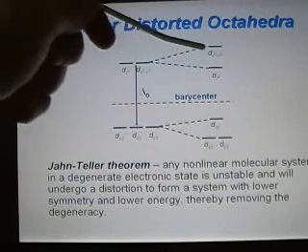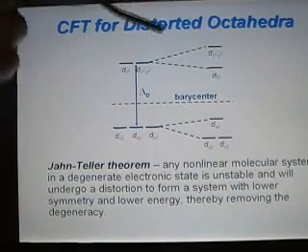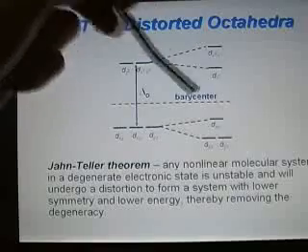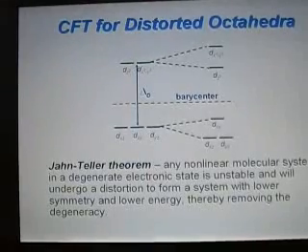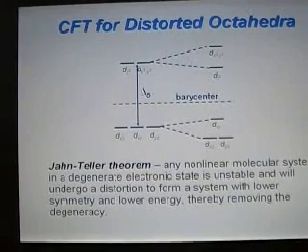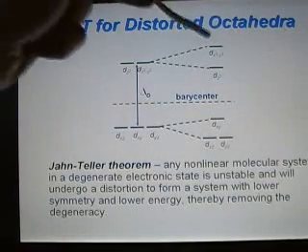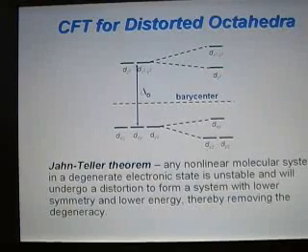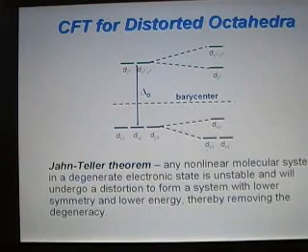There is a decrease in energy for the dz squared orbital since the two ligands are interacting less with it. And according to this diagram, the four ligands along the x and y axes interact stronger, which increases the energy for the dx squared minus y squared.